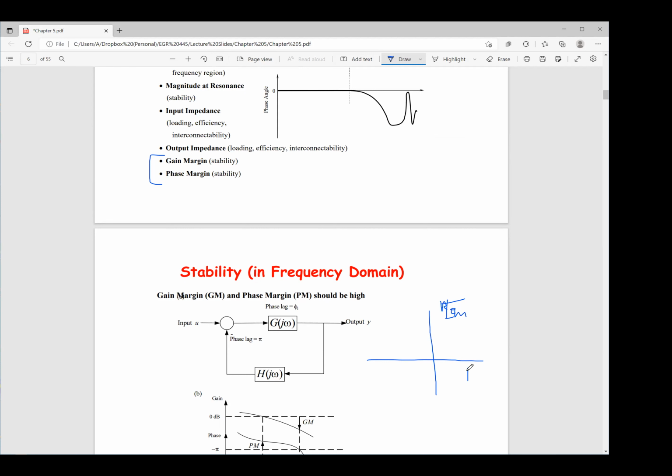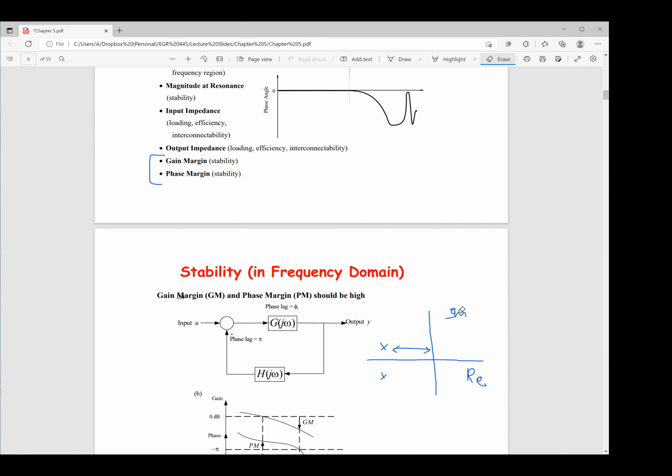And if I were to draw the real part of the eigenvalues, and if my eigenvalues are somewhere over here, what that means is I have this much amount of margin to play with before the system becomes unstable.